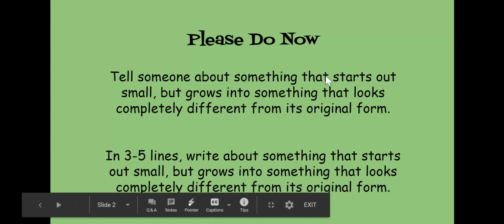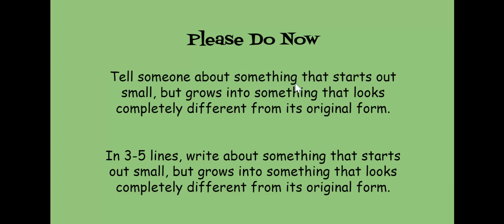a please do now. So on the screen here, I have two options for you. I'd like you to choose one of these options, okay? So a first option is tell someone about something that starts out small but grows into something that looks completely different from its original form.